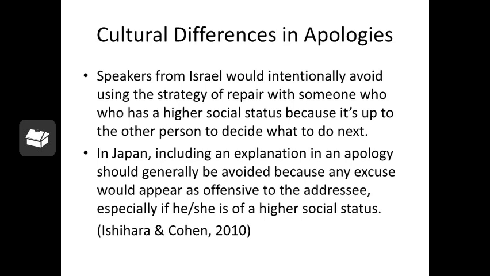And in Japan, including an explanation in apology should generally be avoided, because any excuse would appear as offensive to the addressee, especially if the addressee is of a higher social status. So these are little cultural knowledge that we need to keep in mind when we're approaching or teaching students coming from different cultural backgrounds.